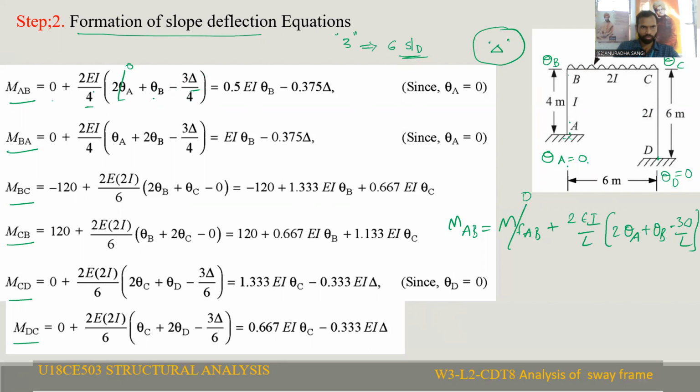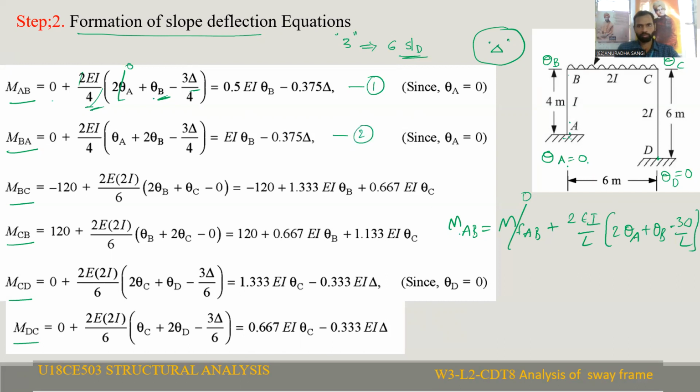That means 0.5 EI theta B minus 0.375 delta. You consider this as equation number 1. Similarly, you write the equation for MBA.